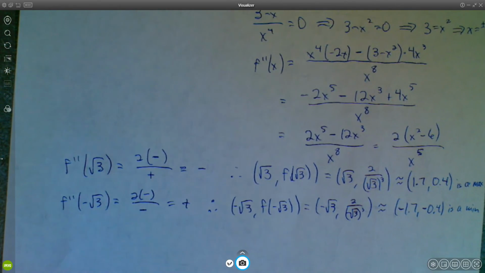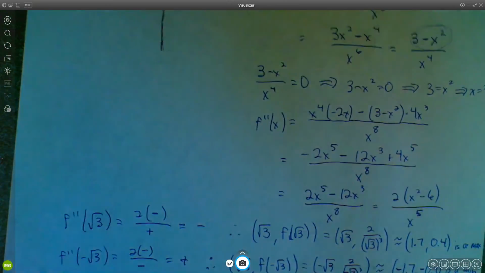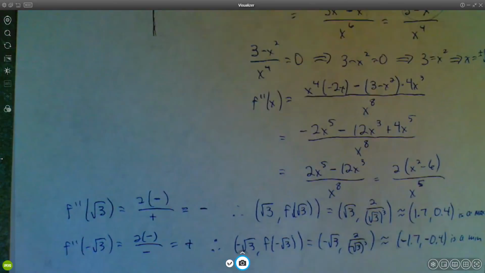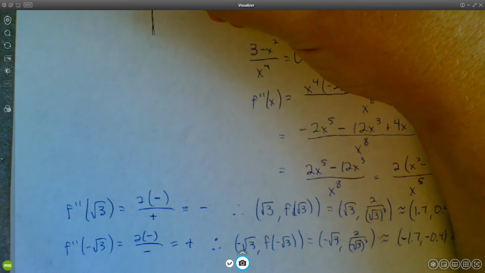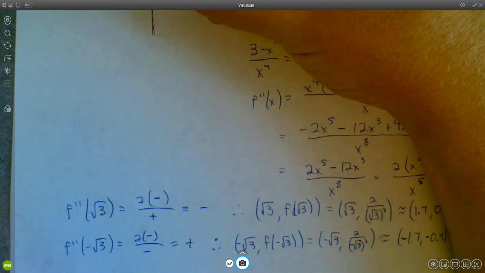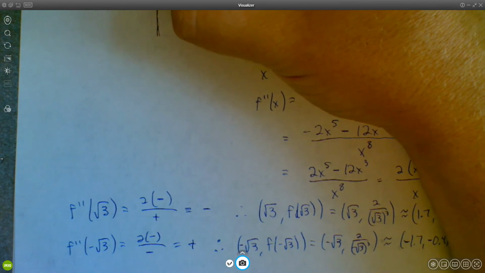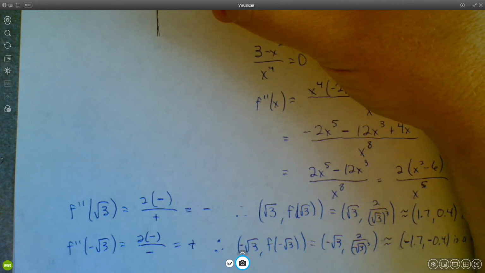Okay, well that's cool. Let's put those points on there. So I've got 1.7, 0.4, maybe something right about there, and negative 1.7, negative 0.4, maybe somewhere right about there. This is a relative maximum.